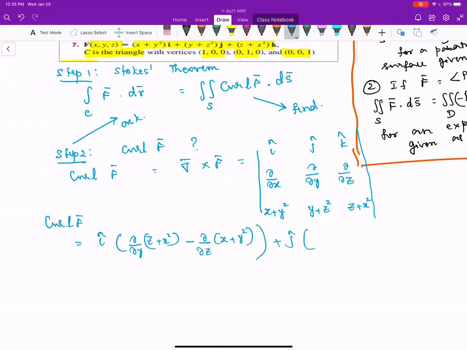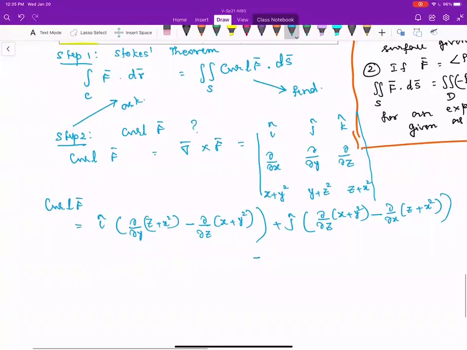Then j times, going from the right, ∂/∂z of (x + y²) minus ∂/∂x of (z + x²), which does exist, the second part. Then k times ∂/∂x of (y + z²), which is 0. Then ∂/∂y of (x + y²), which does exist.